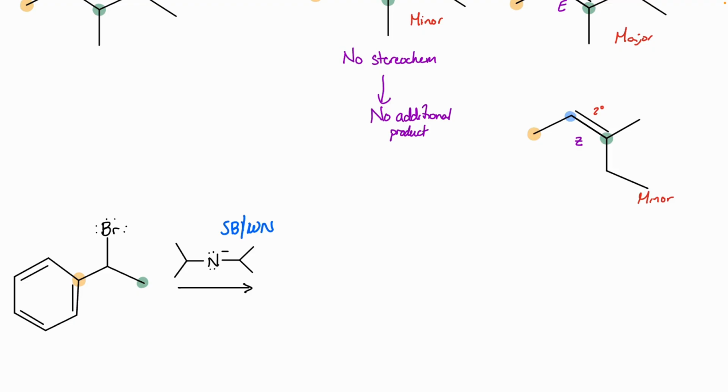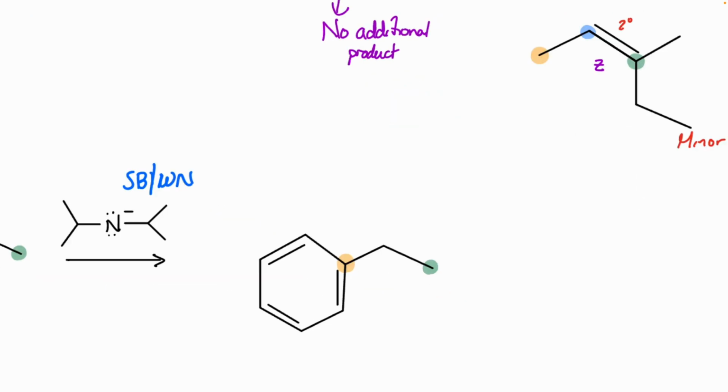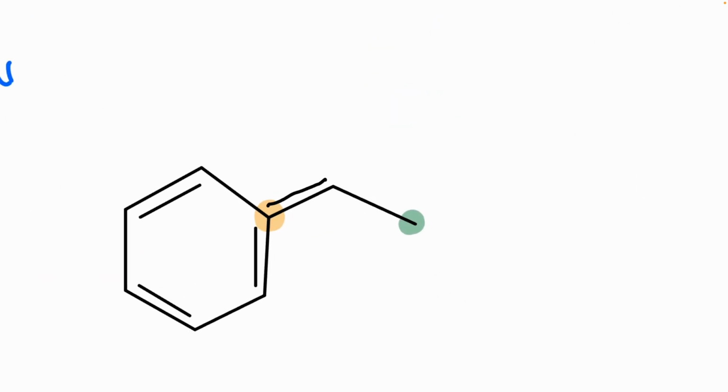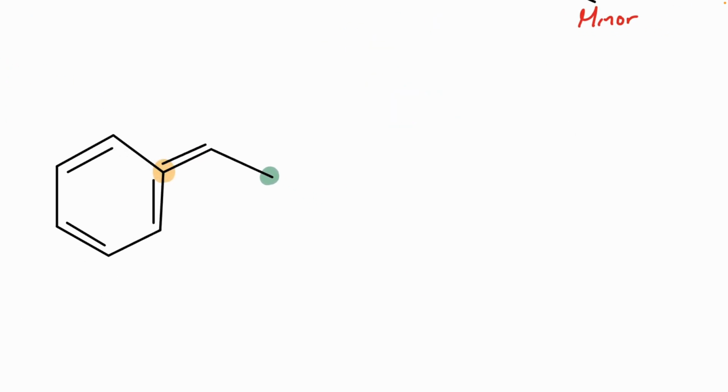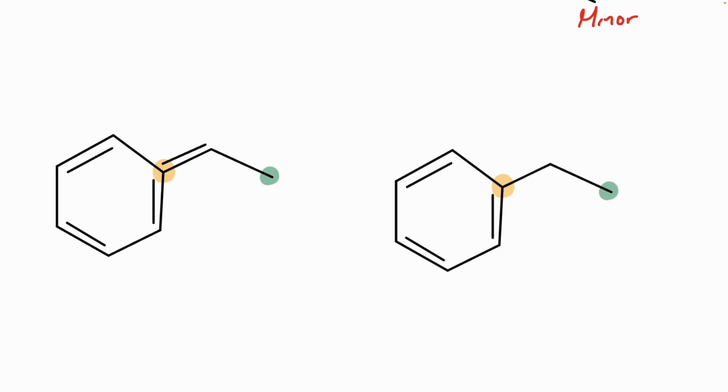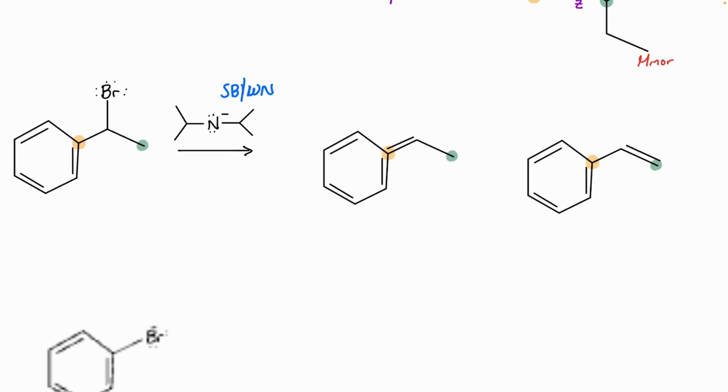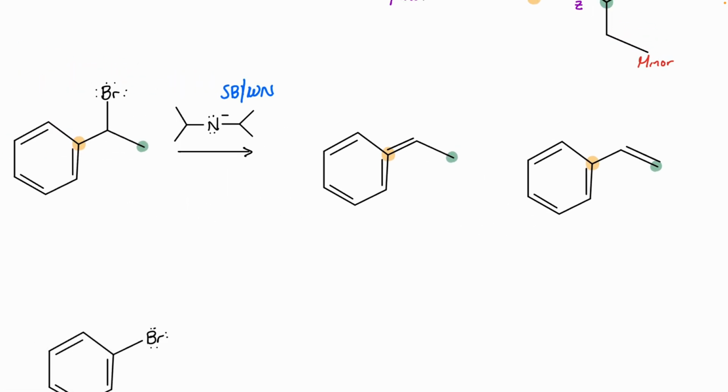So let's play that same game where we form our double bond on the left, and we form our double bond on the right. All right. However, only one of these is actually going to be the product that we get here. All right. Why? What's wrong with one of them?